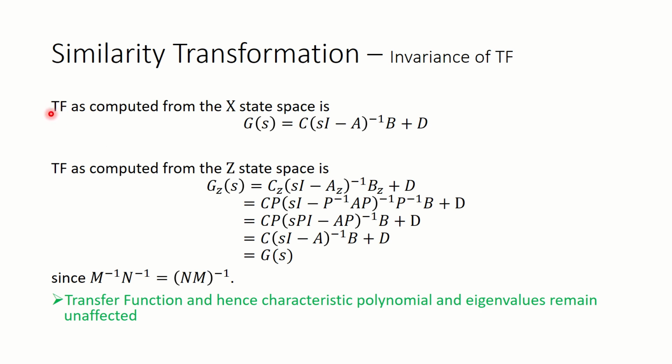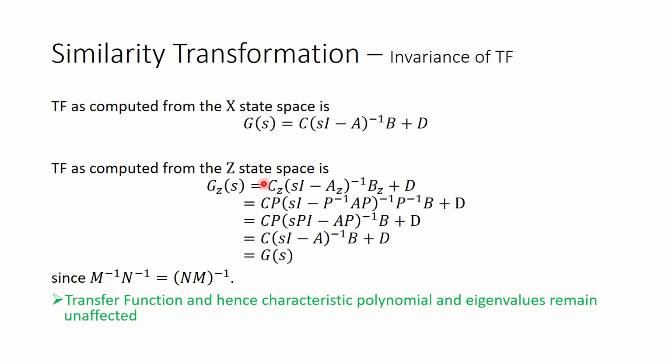So how are we going to prove that? We are going to compute the transfer function in the x state space as well as in the z state space. In the x state space, we already know that this is the expression, we have already derived it. From the z state space, let us see. So GZS will be CZ (SI minus AZ) inverse BZ plus D, since CZ, AZ and BZ are the ABC matrices in the z state space.